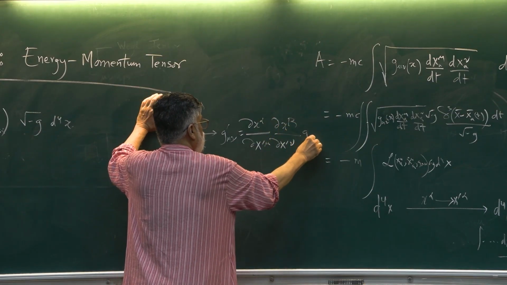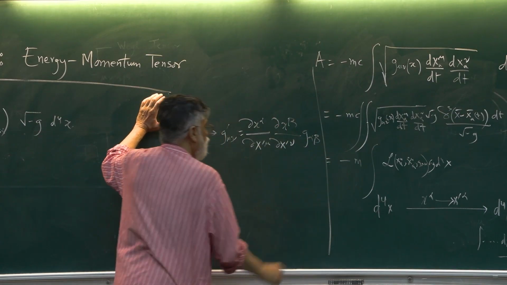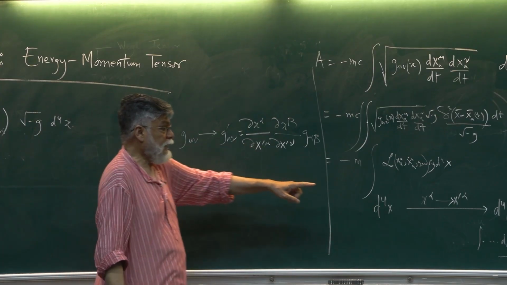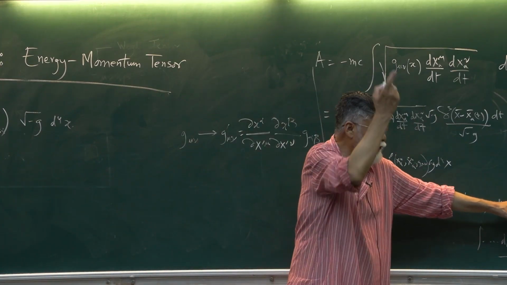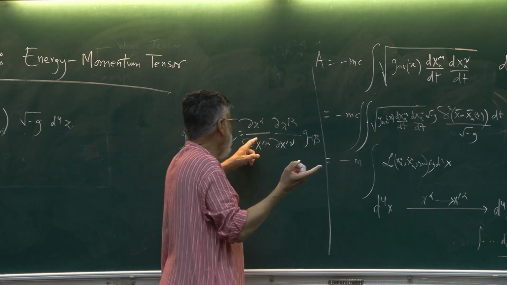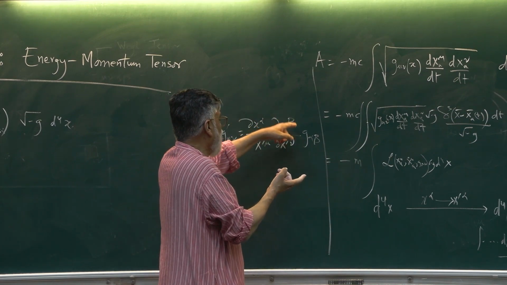G alpha beta. Note, here it is del x prime mu by del x alpha, while the metric is del x alpha by del x prime mu and all that.